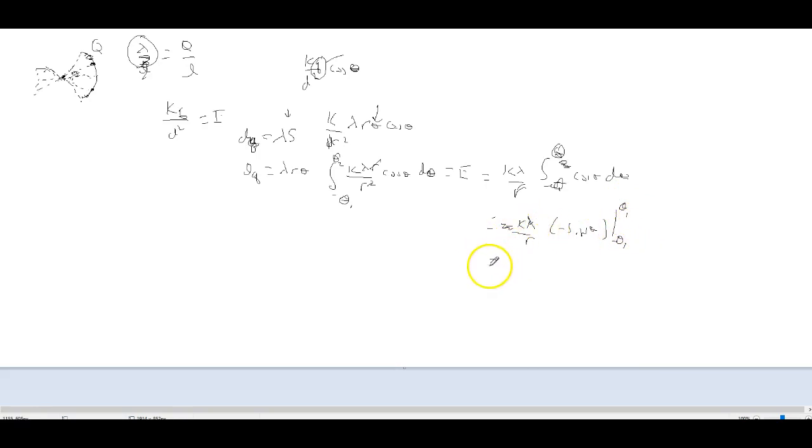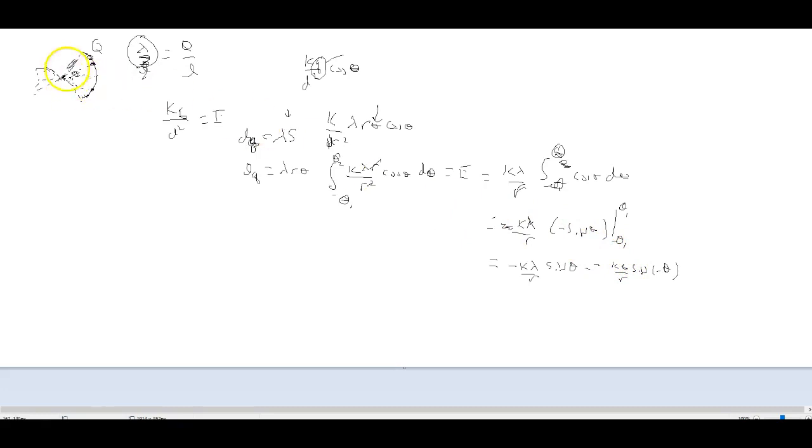Then if I go to do the problem, I'm just going to plug it in, and I would get negative k lambda over r sine theta minus a negative k lambda over r sine negative theta. Fair enough? All right, and that's how you're going to get that done.